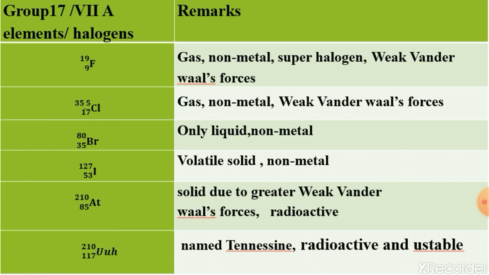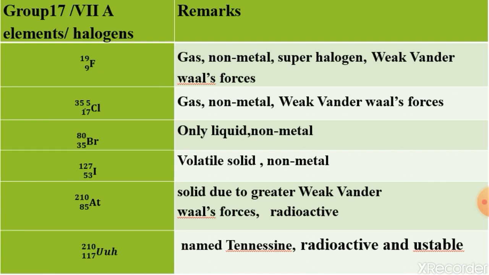Now dear students, come to astatine, atomic number 85 and mass number 210. Astatine is a solid due to greater van der Waals force and is also radioactive in nature.